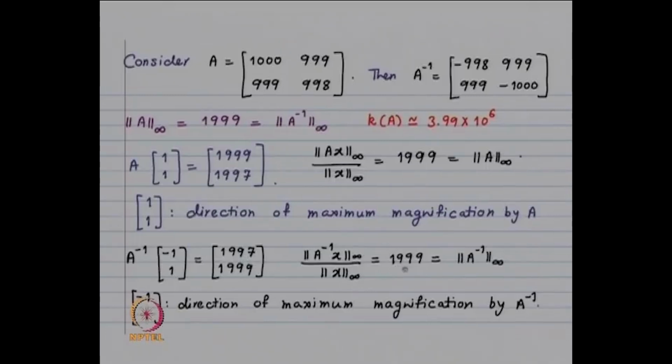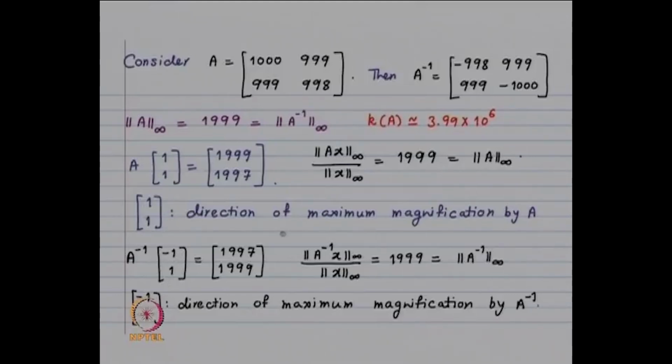So, that is 1999 and norm x infinity will be 1. So, it is norm A inverse infinity. So, this minus 1 is going to be direction of maximum magnification by A inverse, and this is going to be direction of minimum magnification by A. This equation tells you that A of this is going to be equal to minus 1.